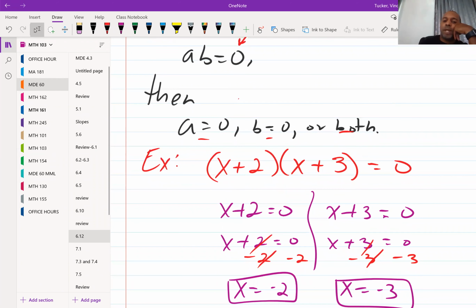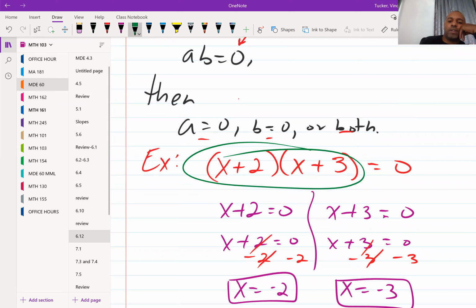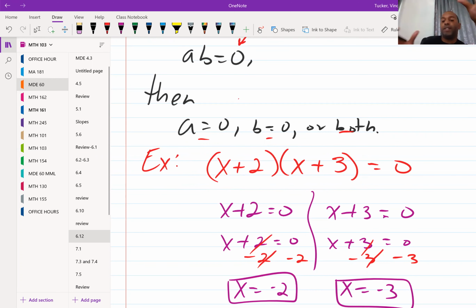So basically, if I have this scenario right here, x plus 2 times x plus 3, what I can do then is set both pieces equal to 0 and solve. So that's what this zero factor property rule means for us.